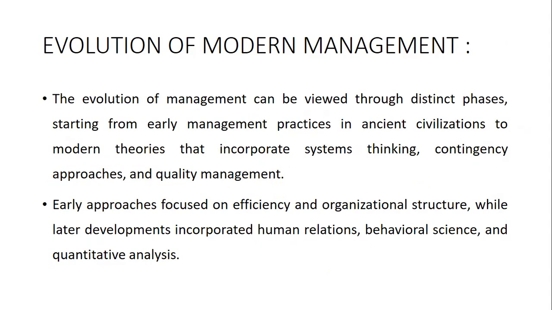Next one, evolution of modern management. Evolution of management can be viewed through various phases, starting from the earlier management practices in the ancient civilization to modern theories that incorporate various system thinking, contingency approaches, and quality management.